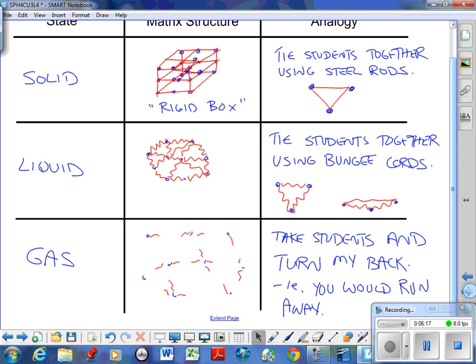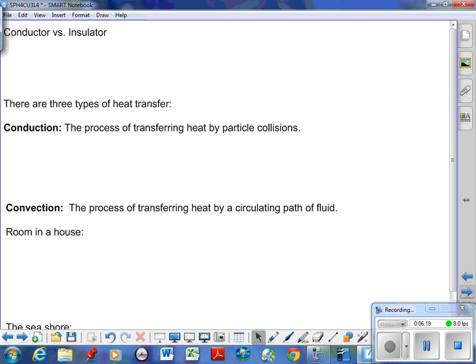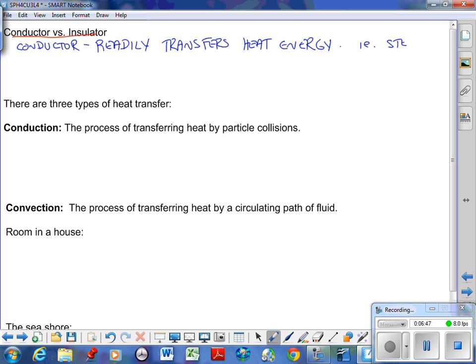So conductor versus insulator. We have the two types. We hear it in electricity as well. Definition here. A conductor readily transfers heat energy, and an example would be steel.